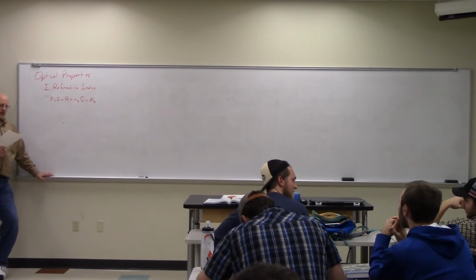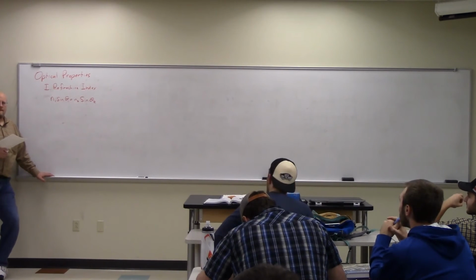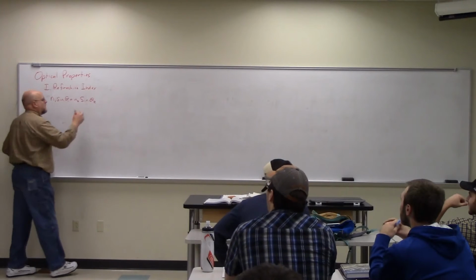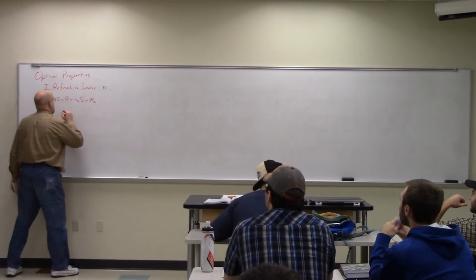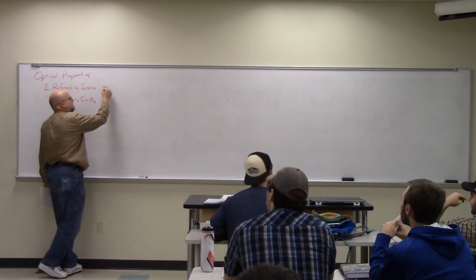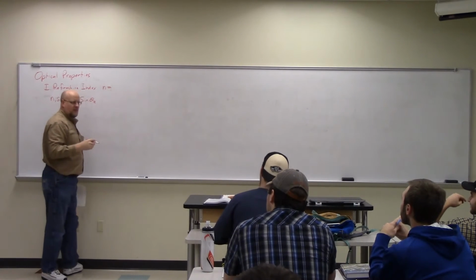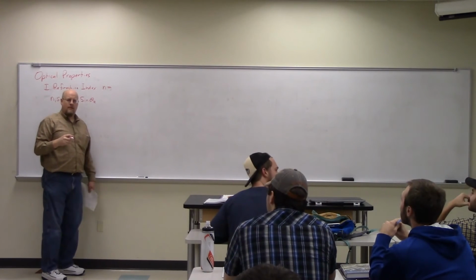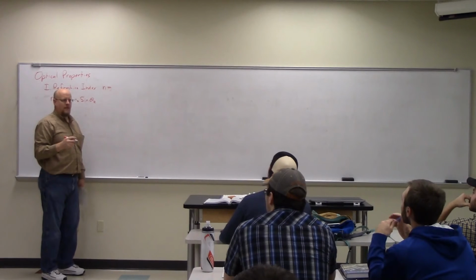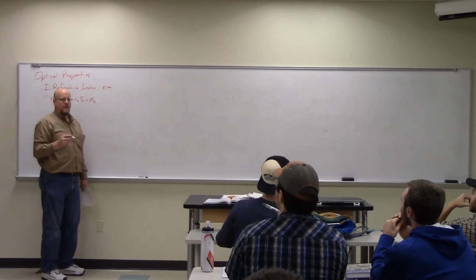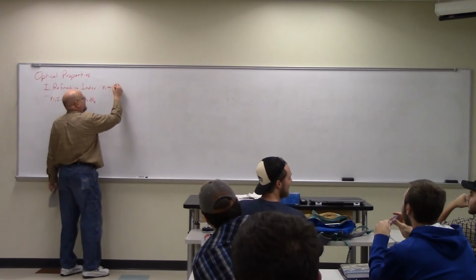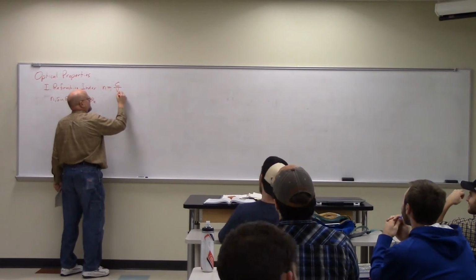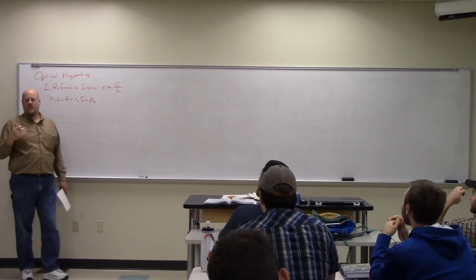Do you know how the refractive index is defined? Something based off the speed, I think. The speed of light, right? Yes, it does have to do with the speed of light, how fast light travels. It's the speed of light divided by the velocity in the medium.